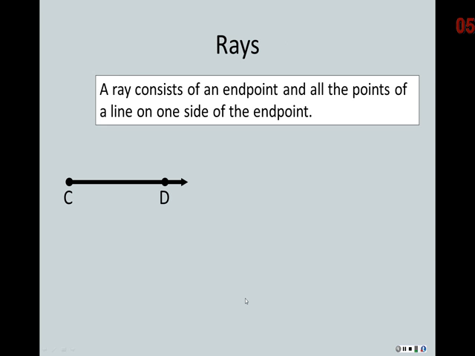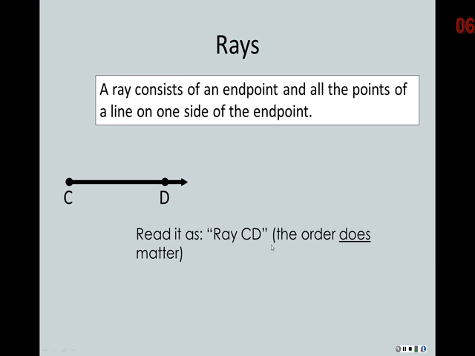Then we have some other special lines which are called rays. A ray consists of one endpoint and the points of a line on one side of the endpoint. So notice, this has an endpoint at C, but at D it continues on forever. You can only write this ray one way because it continues at D. So you will write it and read it as the ray CD.